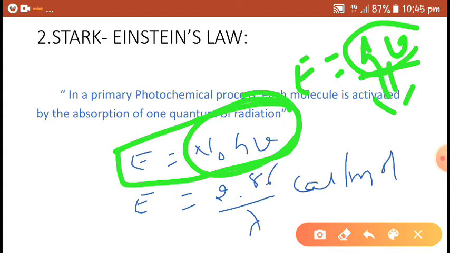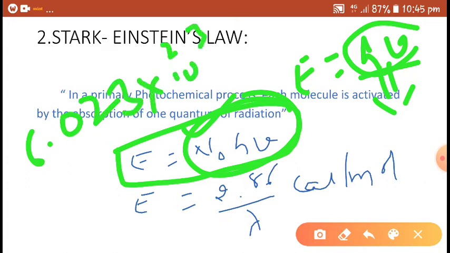Okay, so by substituting all the values of N, here N is Avogadro number, that is 6.023 into 10 to the power of 23. h is Planck's constant, it is 6.625 into 10 to the power of minus 27 erg second, or 10 to the power of minus 34 joule second, and nu is equal to c by lambda.